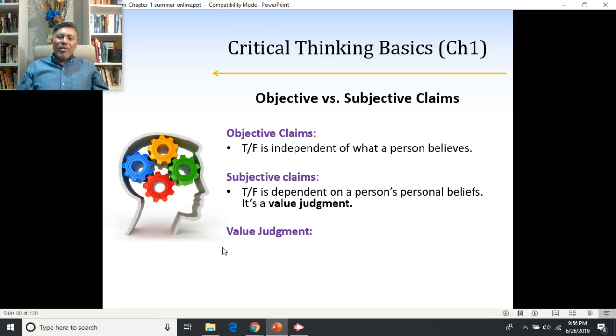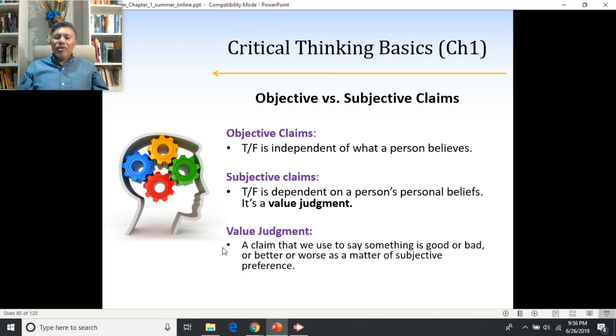So when we take a look at value judgments, they are claims that we use to say something is good or bad, better or worse, as a matter of subjective preference. Okay, so I can make claims about what I like and dislike, like I like Coca-Cola, I like coffee, I like the sound of a baby crying or laughing. Laughing's probably better. Those are value judgments.